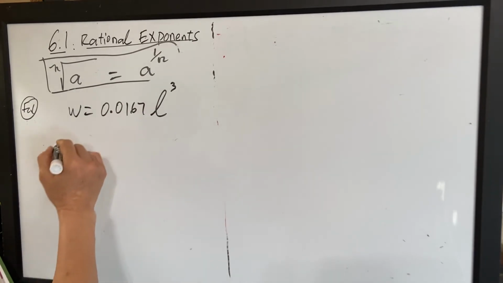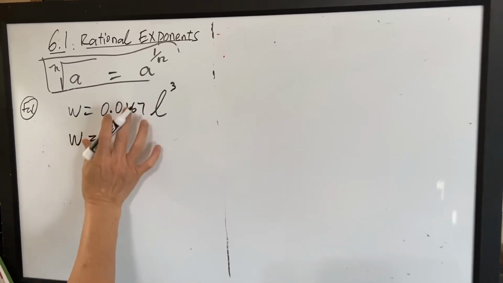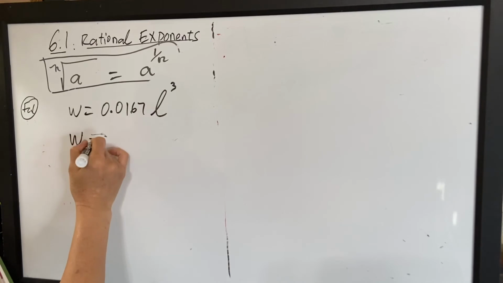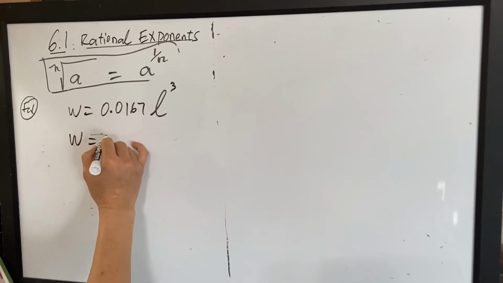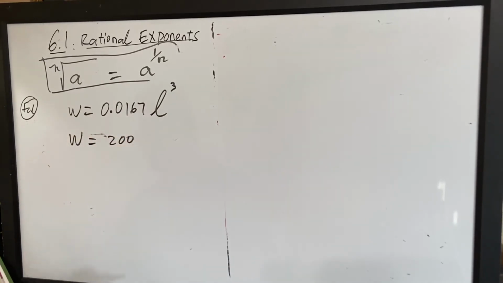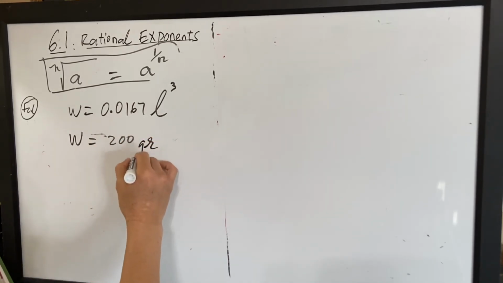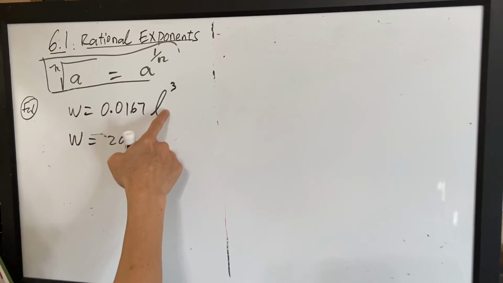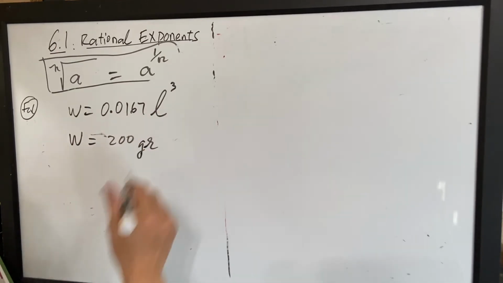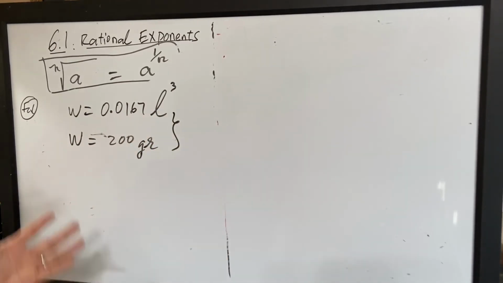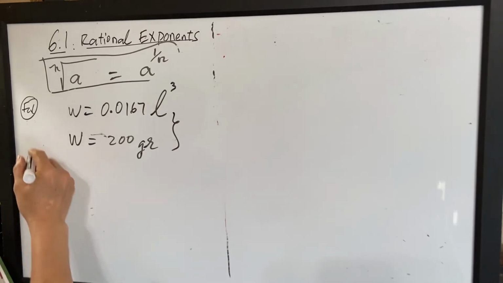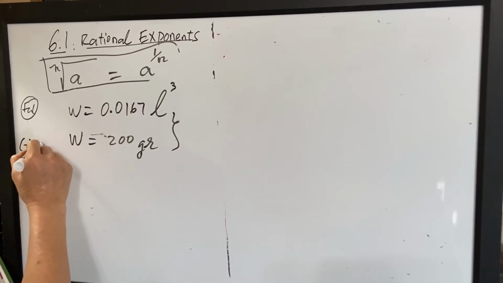If the weight given to you is 200 grams, okay, kilograms is too much, 200 grams, then what would be the length of the fish? Now you just plug the value in. This is given to you.